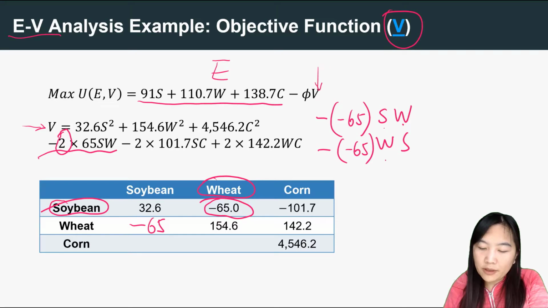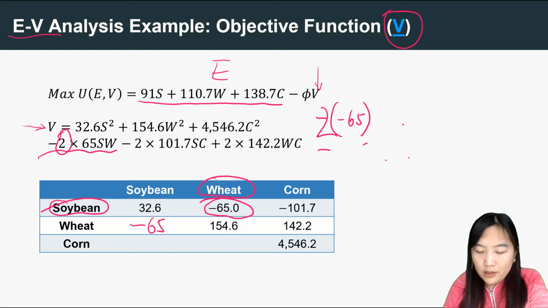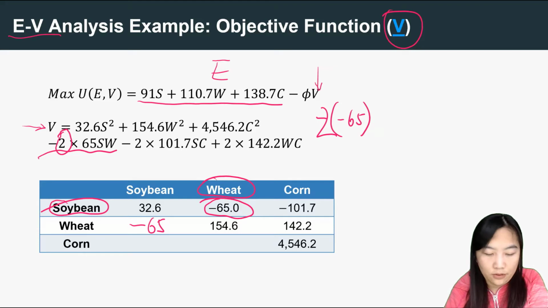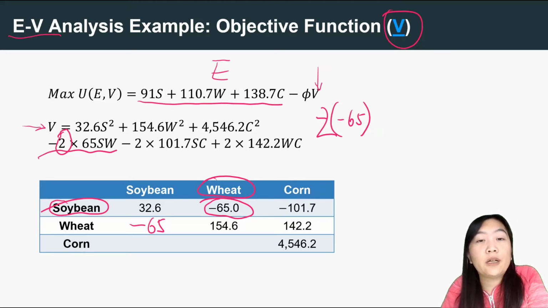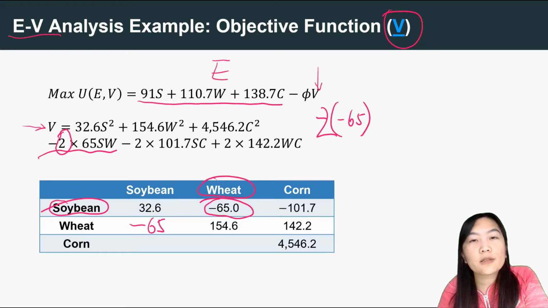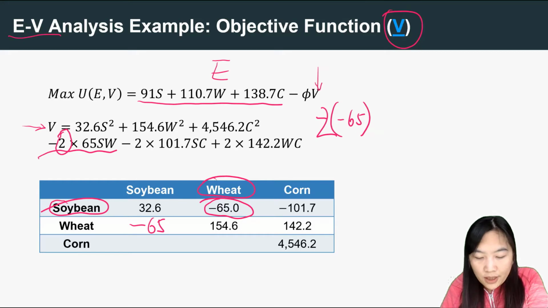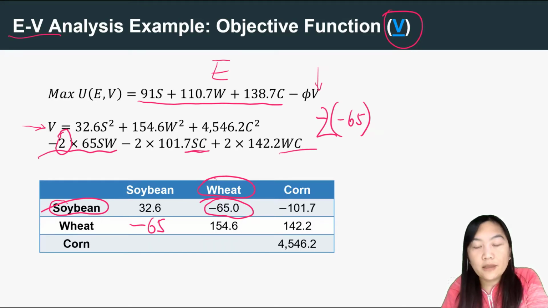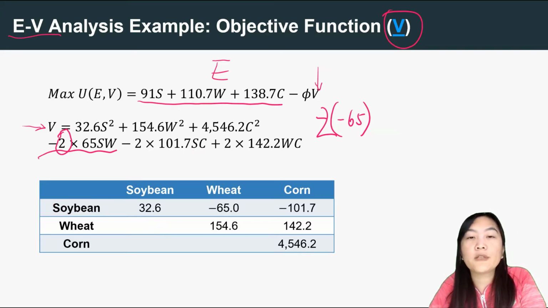Since we have SW and WS, we can simply add a coefficient 2 there. So for variances, you don't have that 2. However, for covariances, you do have that 2 because it appeared twice in your covariance table. So same for SC and WC. And again, here, those W, S, and C are the levels of the activity: the acres allocated to S for soybean, W for wheat, and C for corn.